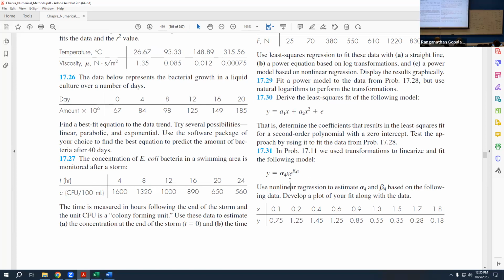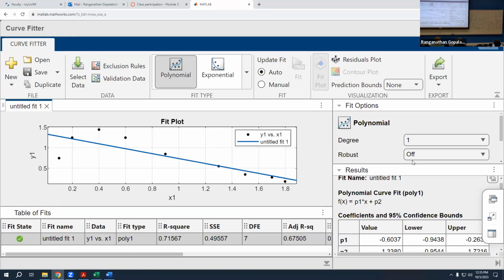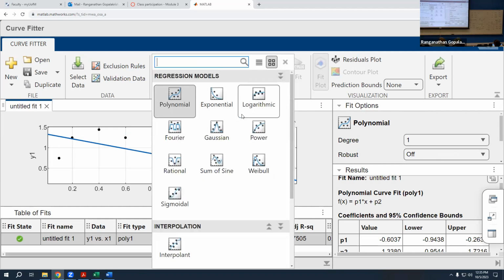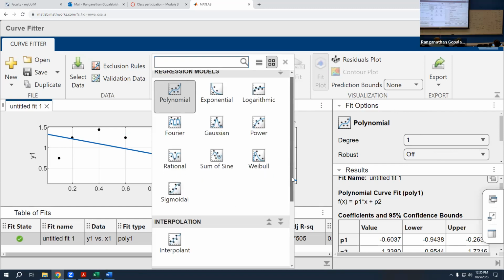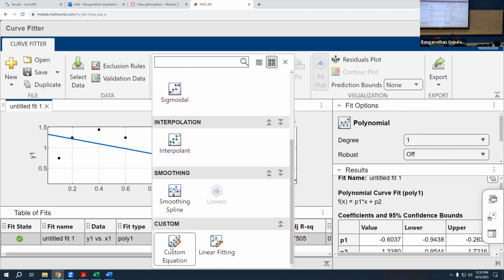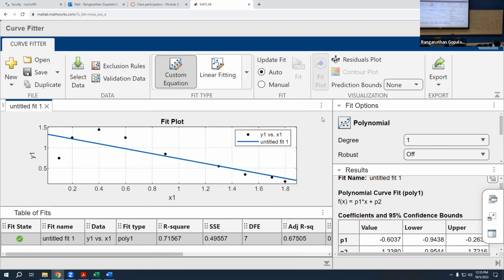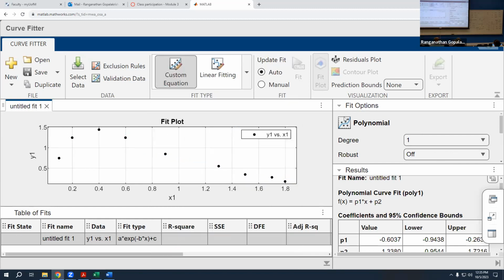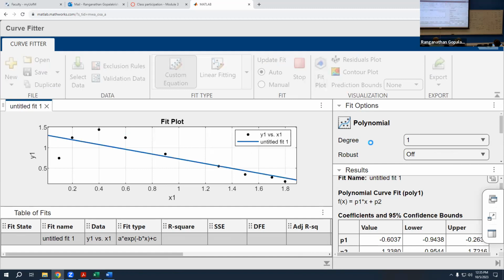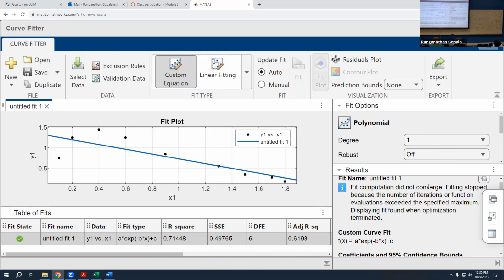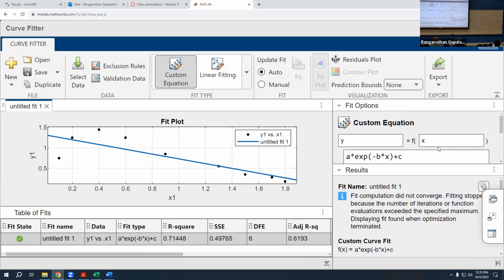Okay? So go back to MATLAB, and wherever you have the fit options, we want to choose custom equation. Custom equation means entering your own template function for MATLAB to fit. So here is your custom equation.